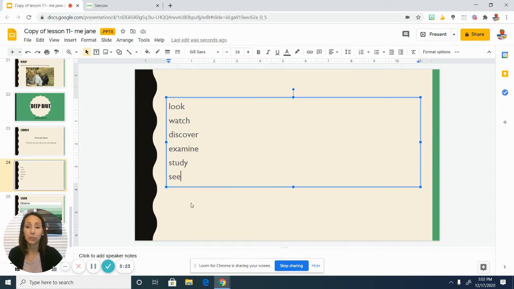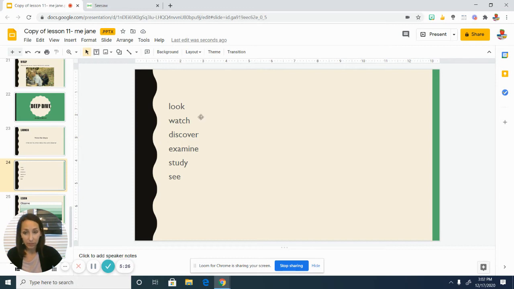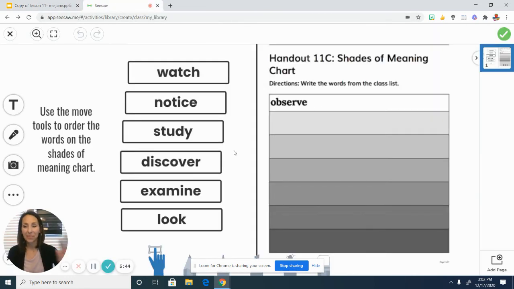So what we'd like you to do is, using these 6 words, put these words in order, starting with the words that you think are closest to the word observe, and then working your way down. So let's hop over to Seesaw and I'll show you what I mean. Okay, here we are. So when you are finished with this learning video and you tap add, you will come to this page, and it should look familiar because it is very much like the move shades of meaning that we did not too long ago.